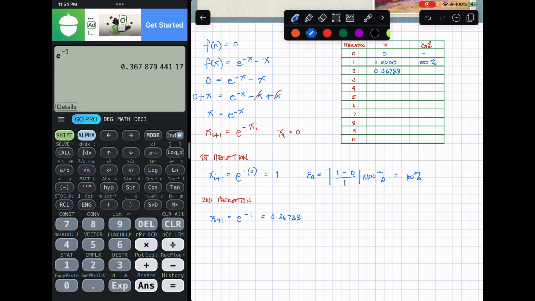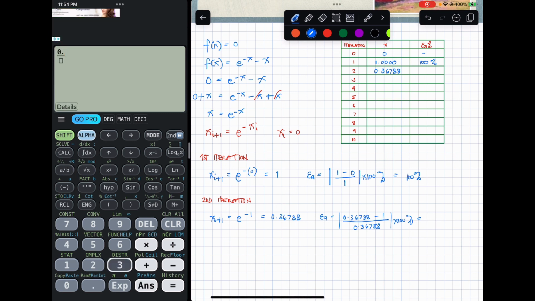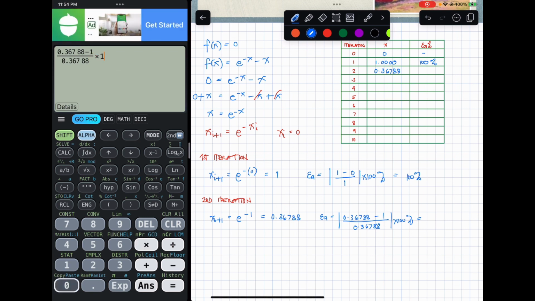So for our approximate error, the previous is 0.36788 minus 1, over 0.36788, times 100%.